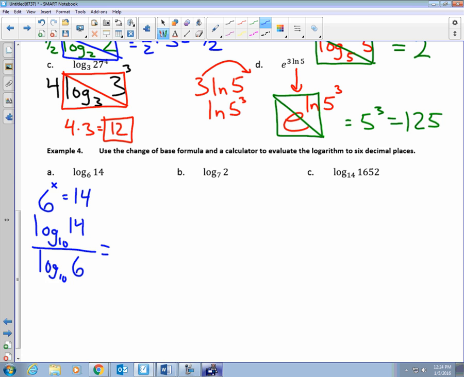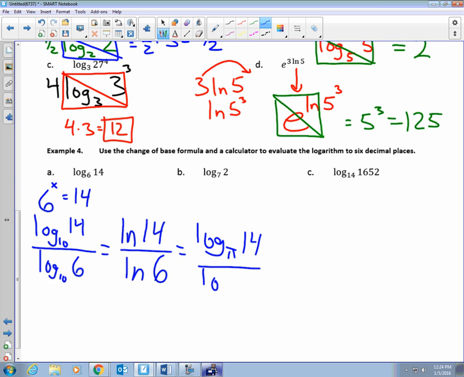So if I wanted to write it as natural log, which is a base of e, of 14 divided by natural log with a base of e of 6, you're going to get the same answer. If you had a function on your calculator where you could do log base pi of 14 over log base pi of 6, it's going to be the same. It doesn't matter. You change it to your liking.